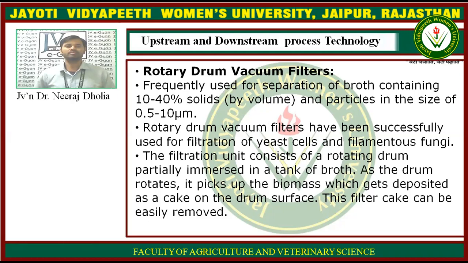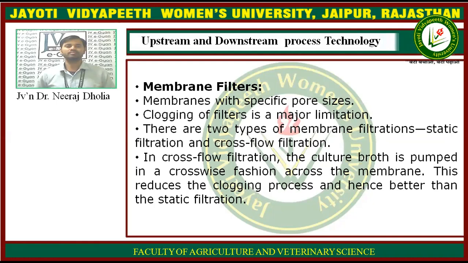When it rotates, it takes up the broth, and while rotating, the media is simultaneously filtered, and the insoluble materials are deposited on the drum as a filter cake, which is easily removed.